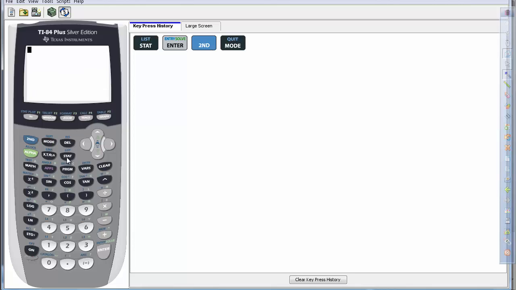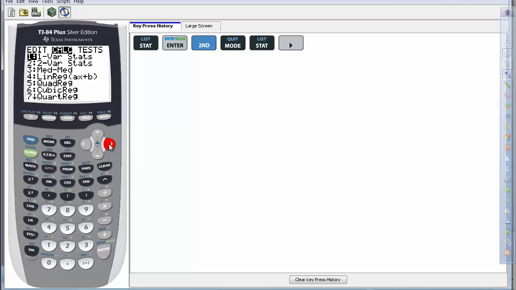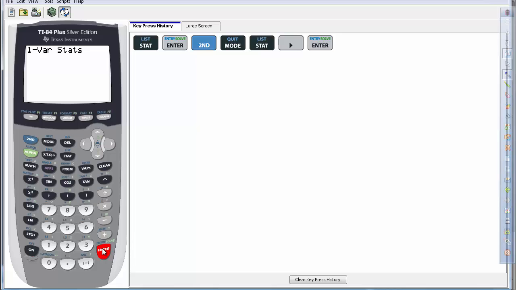and I'm going to hit Stat, Calc, use my right arrow to go over to Calc. Number 1 is one variable stats. And different from when we were just looking at single variable data that was not already summarized, I need to tell the calculator where the x values and frequencies are.